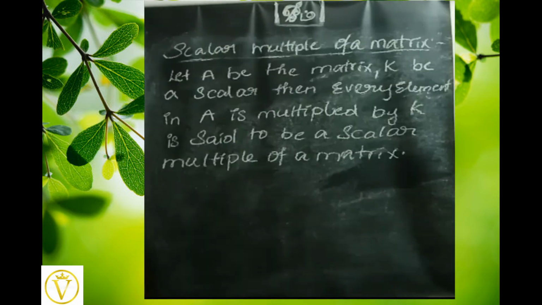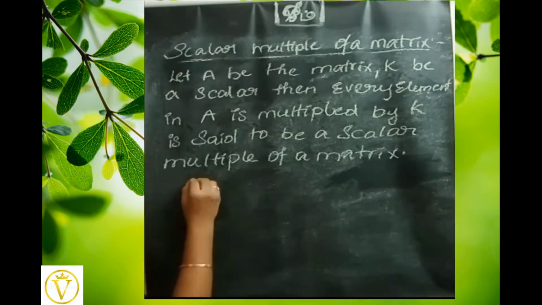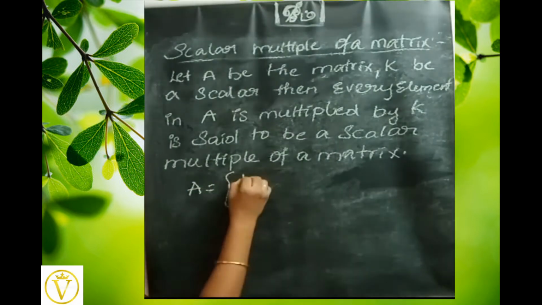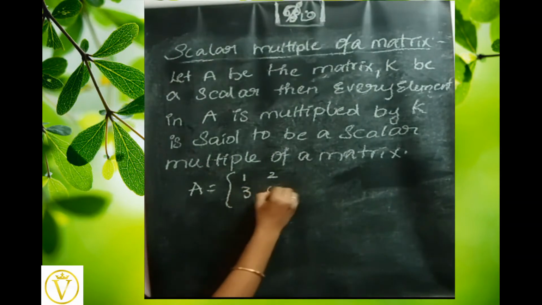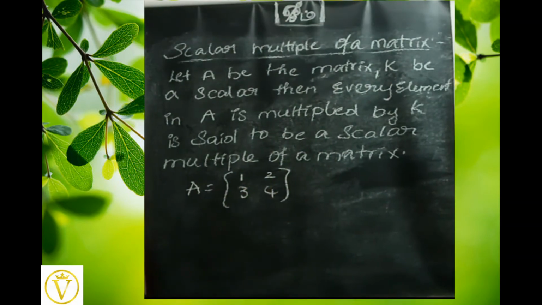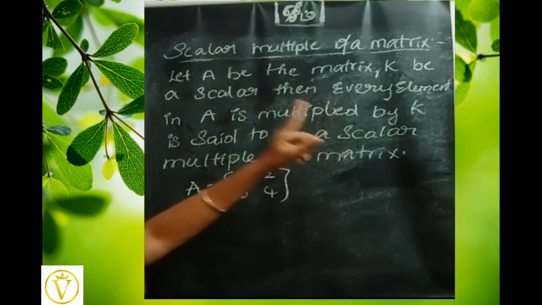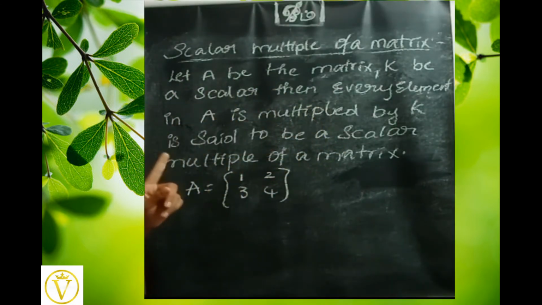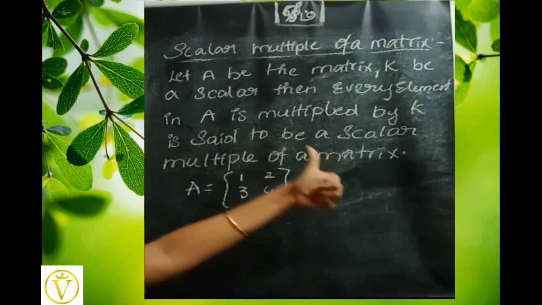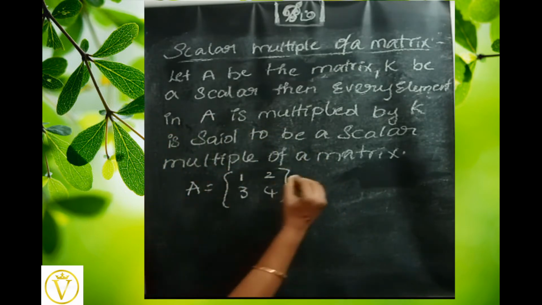Next is the scalar multiple of a matrix. Let A be the matrix: 1, 2, 3, 4. Let K be a scalar. Then every element in A is multiplied by K. Let K be 2.